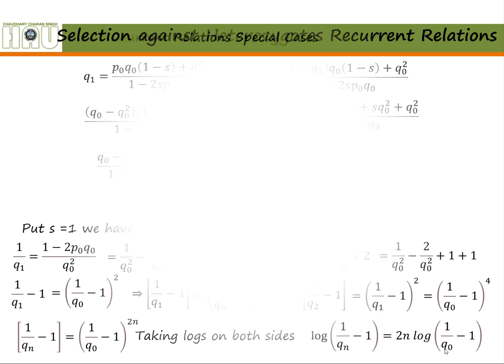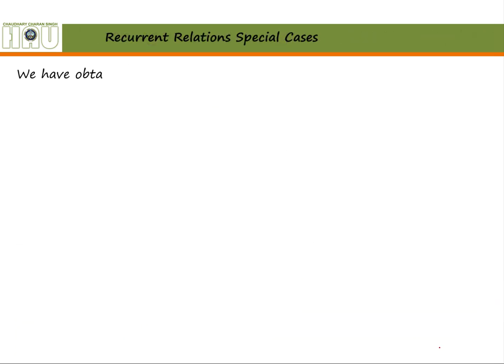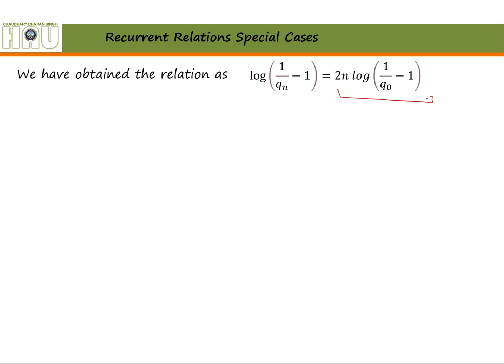So this relation can further be simplified. Log (1/qn − 1) is equal to 2n log (1/q0 − 1). Now, there are certain cases. We will study various cases.